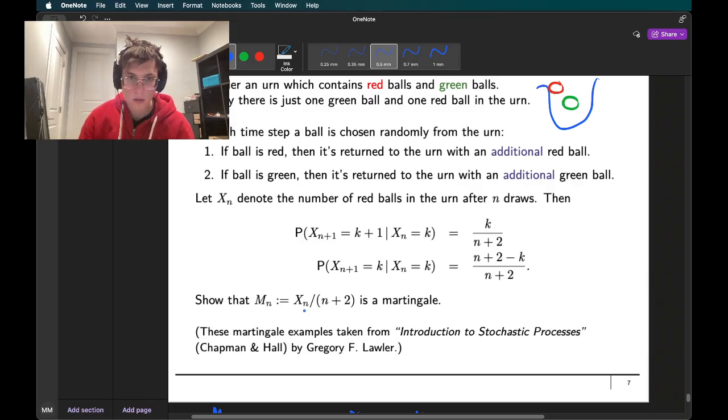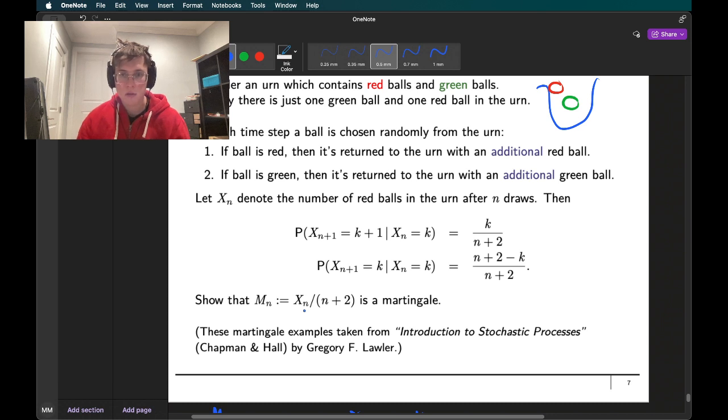So then, according to my work here, I just plugged in the expectation: at time n, either we picked out a red ball and we ended up with k+1, or we picked out a green ball and we ended up with k. And then we have this factor n+3 here.